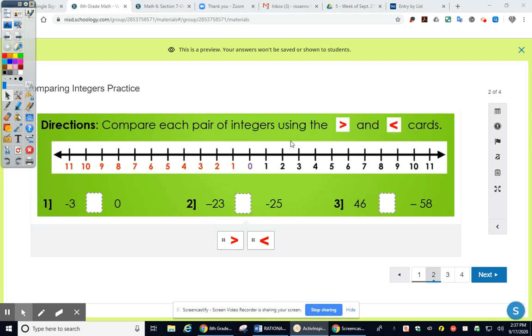Remember, if it's hard to remember greater than or less than, the alligator always is going to eat the bigger number, okay? And remember, the further we go right on the number line, the larger or bigger our value gets. I'm going to write bigger. So the more we go right, the bigger our value gets.